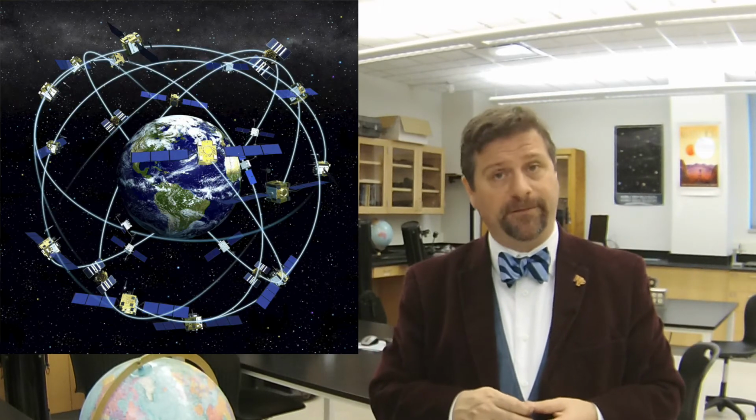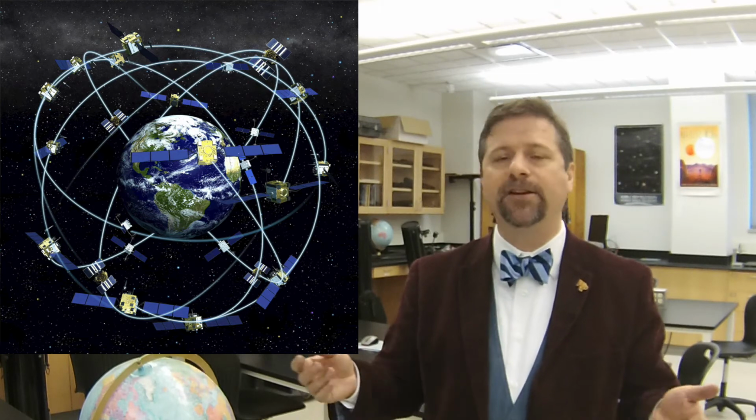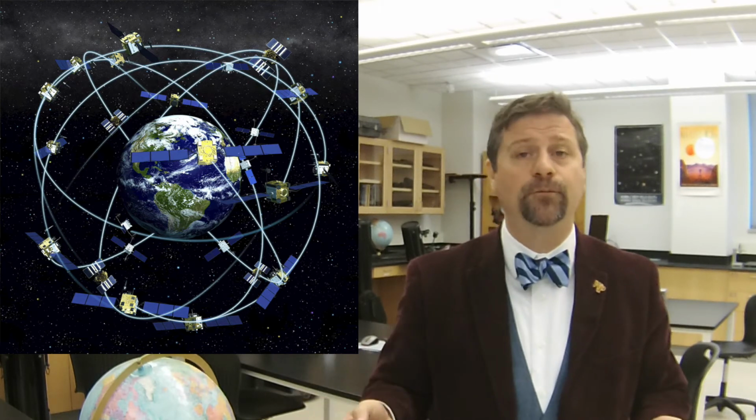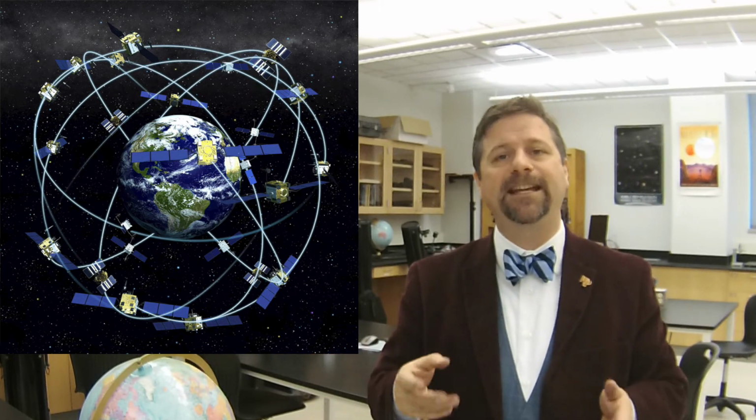And finally, just to finish off with something more prosaic, when you drive your car, you have these satellites above you helping you get directions, either through Siri or through your Droid or your maps app. And guess what?